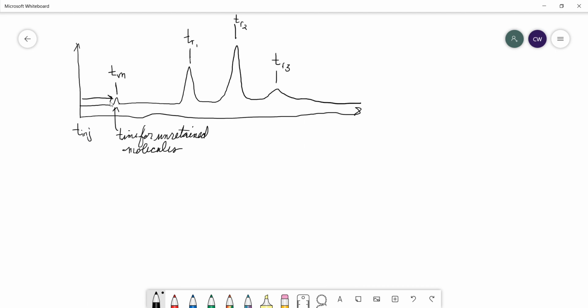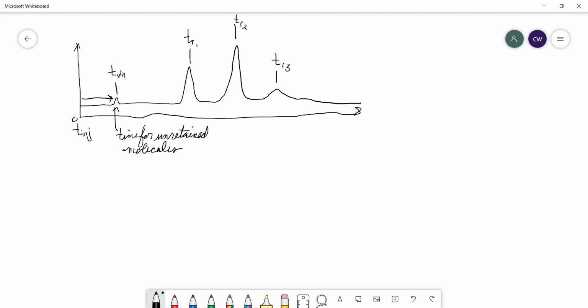The injection time is typically set to 0, and it is the time from injection to the time it takes an unretained molecule to come out. It is the minimum time a molecule can hang out in the system, period. Everything that goes into your system stays in at least for t_M.